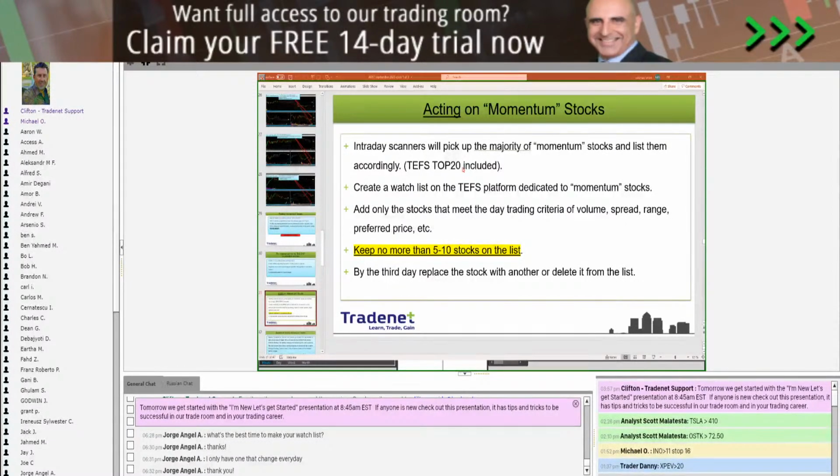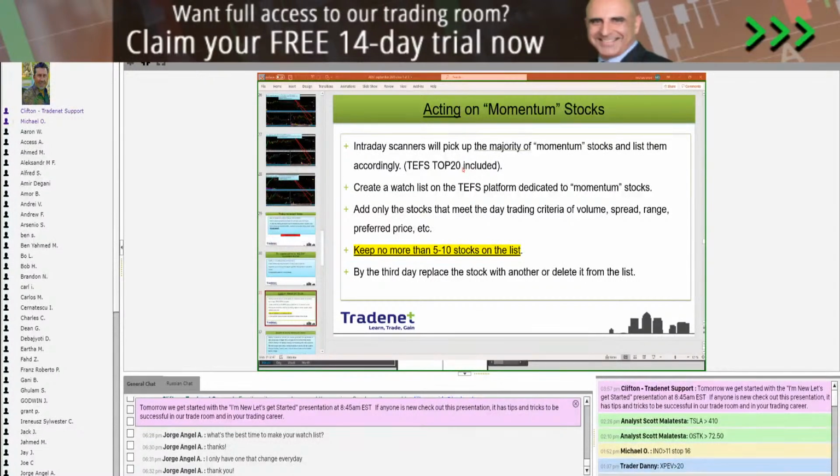And we create a watch list on the TFS platform dedicated to momentum stock. Exactly the example that I talked about 5 minutes ago. A changing watch list where you have stocks that are going through a significant momentum today, and tomorrow most of the time they will be out of the list, and you bring some new stocks in.